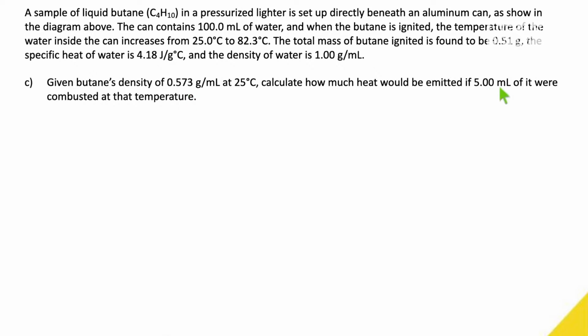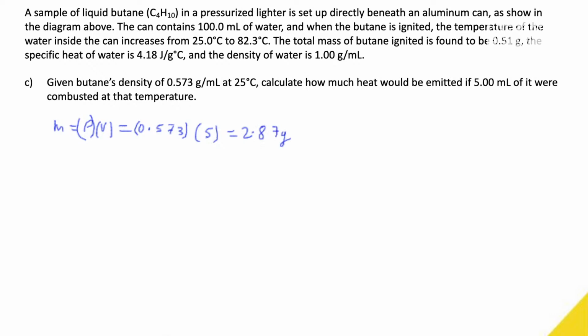So I know mass is density times volume, which is equal to 0.573 times the volume, which is 5, which gives me a mass of 2.87 grams.